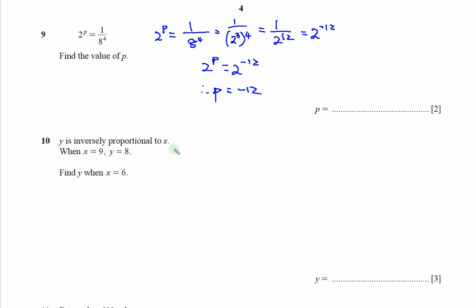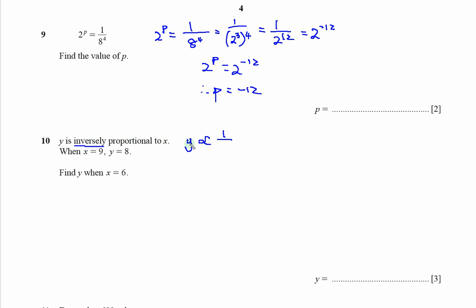Okay, now let's look at this question. Keyword is inversely proportional. Okay, the first step you have to write is Y is proportional. So how do you show the inversely? Is 1 over the second variable.